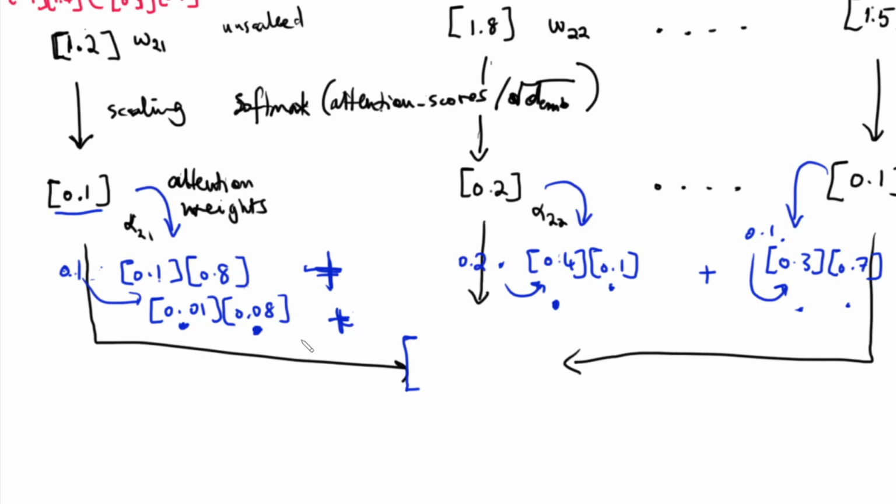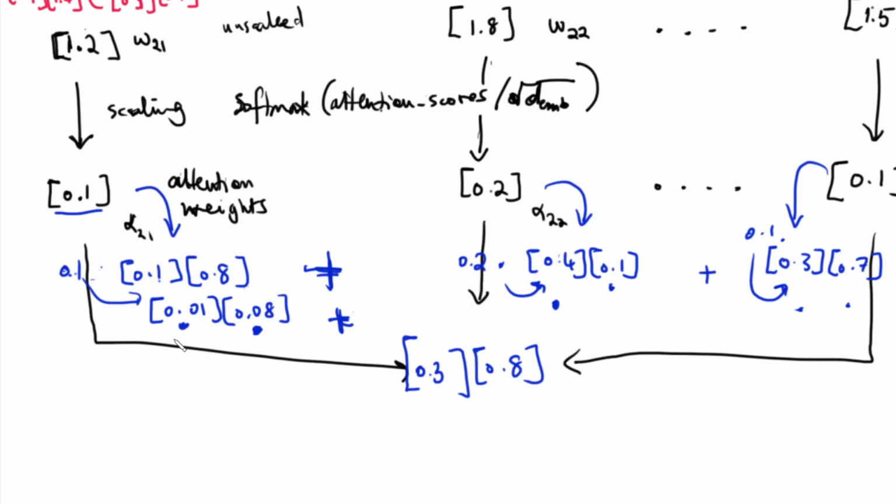And then our context vector in this case is going to be 0.3 times 0.8. That's what we're going to have. Let me just confirm something here. I was just confirming if my matrix calculation was correct there.